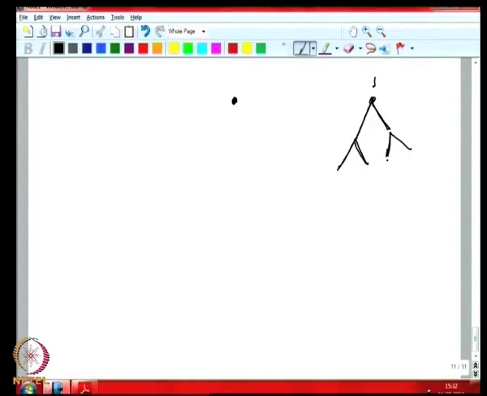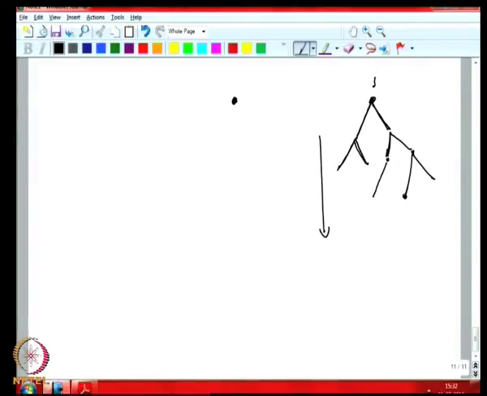Every time you may have one child or two children, it can be like this or like this, or it can stop without any children. So, this is what the word binary means. It is a rooted tree, because you start from a root and grow downwards.